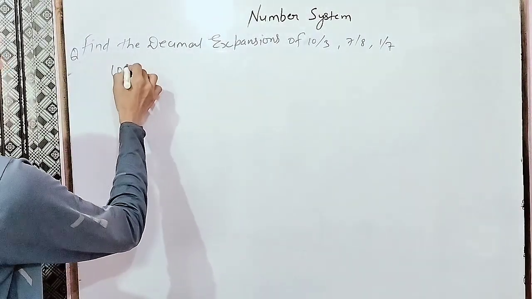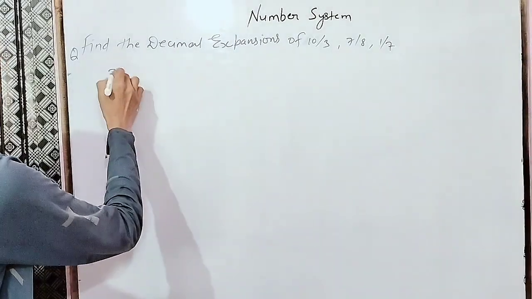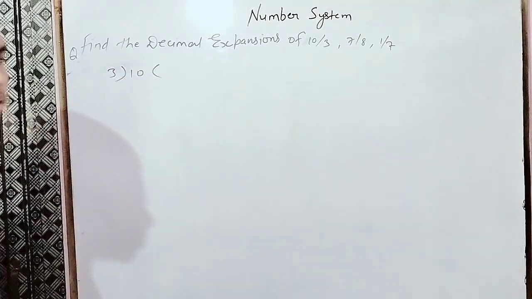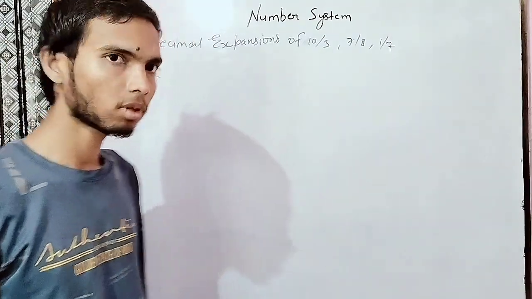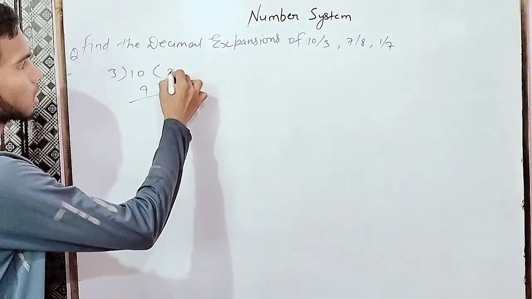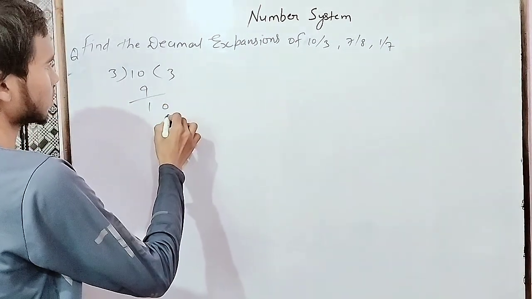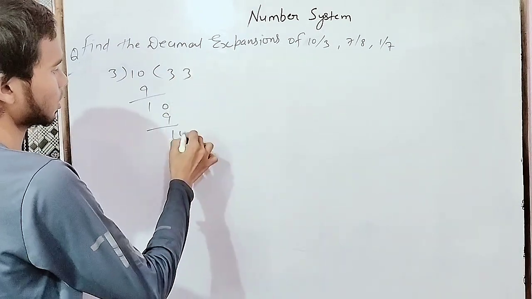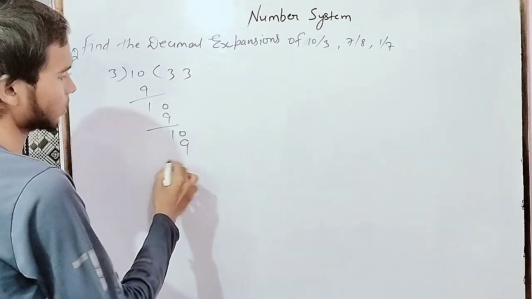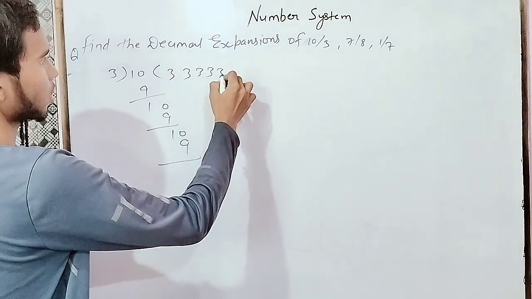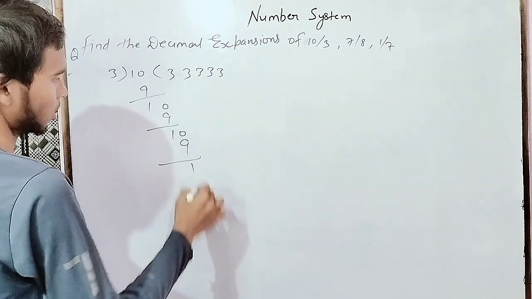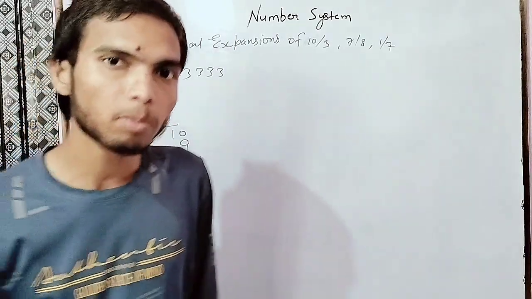First, 3 times 3 is 9, 10 again, 9. This will keep going on.